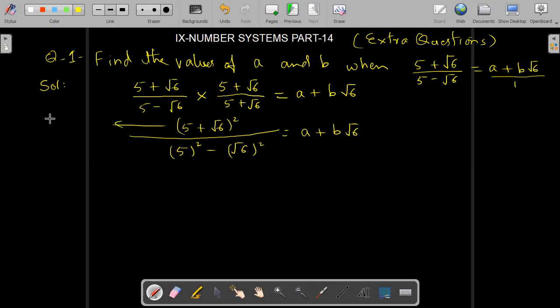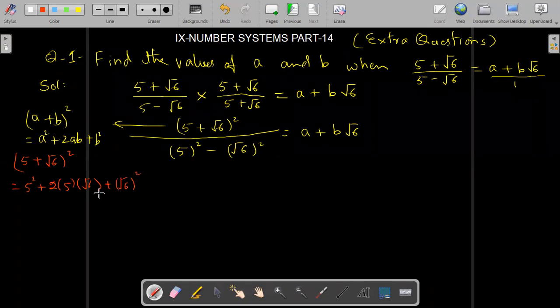So here you can use the formula: (a plus b) whole square is equal to a square plus 2ab plus b square. So this (5 plus root 6) whole square I will solve here and put the value there. It will be equal to 5 square plus 2 into 5 into root 6 plus root 6 square.